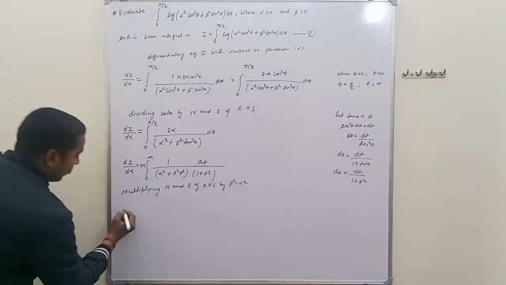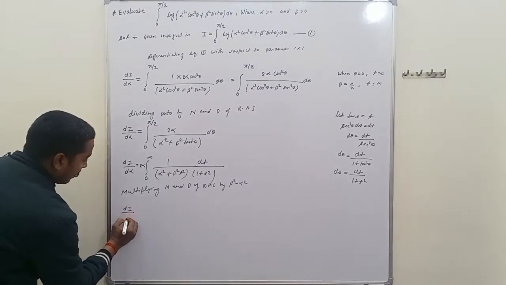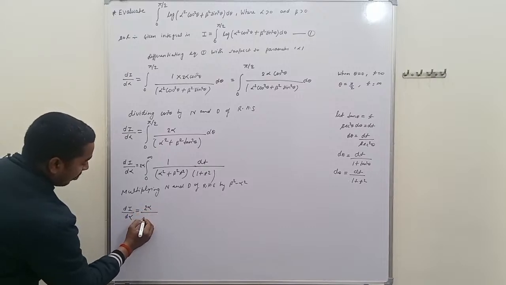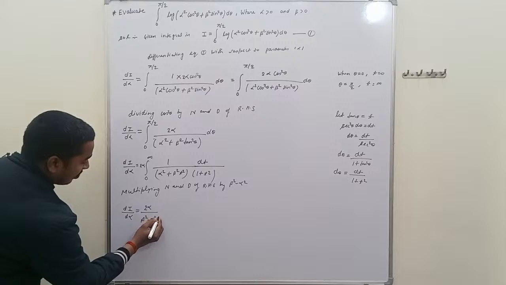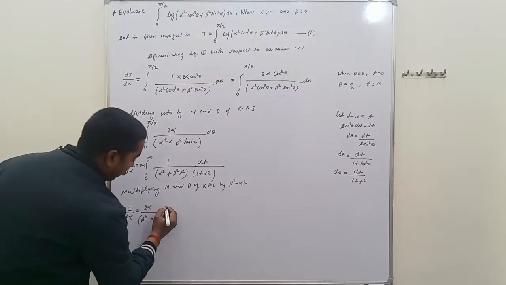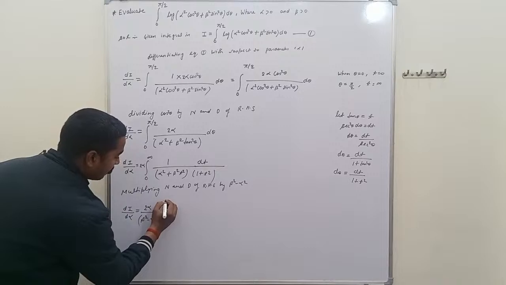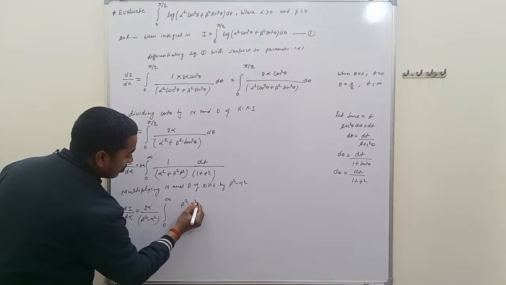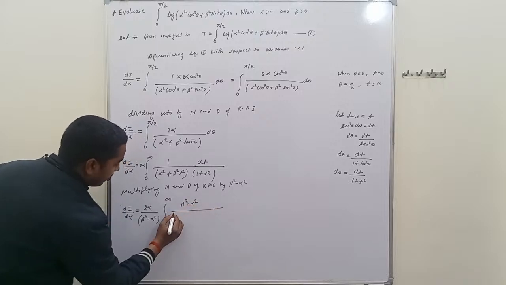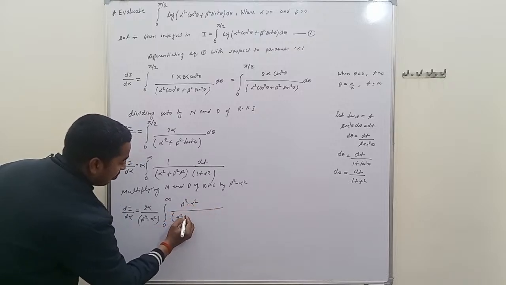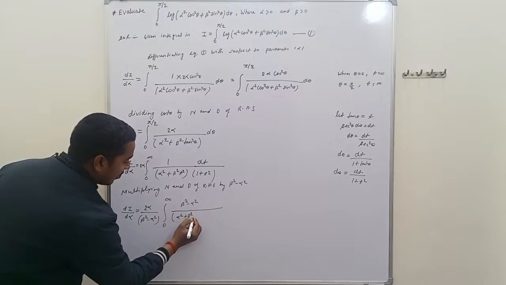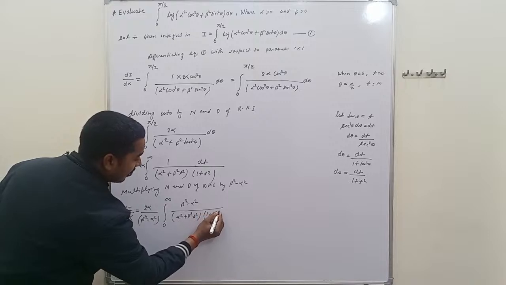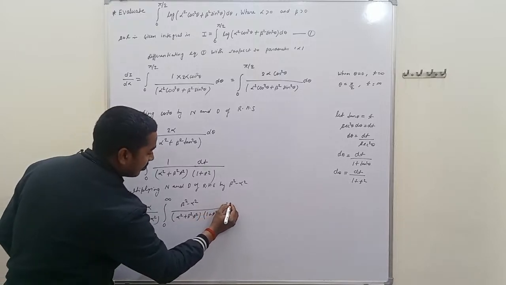We multiply, that is dI upon d alpha is equal to 2 alpha upon beta square minus alpha square, and we can also multiply the numerator, that is 0 to infinity, and here is beta square minus alpha square upon alpha square plus beta square into t square, another bracket, that is 1 plus t square, and this is dt.